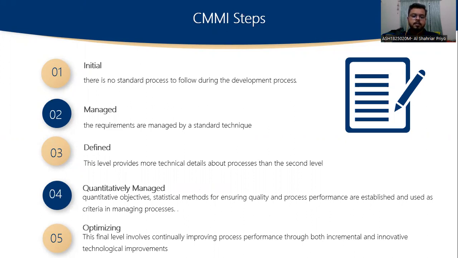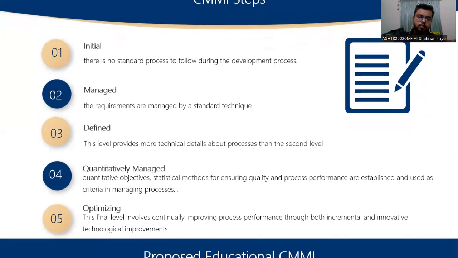Then defined, with more technical details about the processes. Then quantitatively managed, where quantitative objectives and statistical methods for ensuring quality and process performance are established and used as criteria for managing the process. Optimizing, the final level, involves continually improving process performance through both incremental and innovative technological improvements.